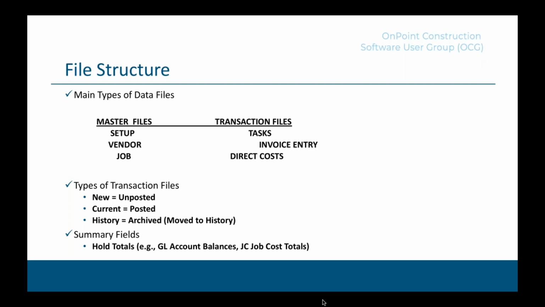In most of the modules, we have three different types of files. There's the new file, which holds unposted items, and the current file, which holds what has been posted; items move automatically from the new to the current file. Then we also have the history file, and that is for any transactions that you've deemed old enough that we can move them out into the history file, which holds past years' information.